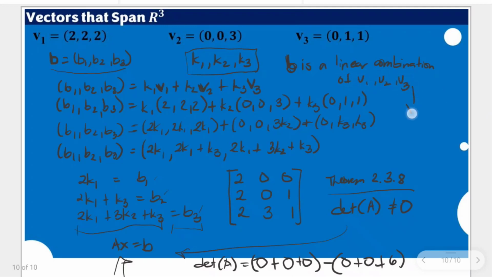And hence, the vectors v sub 1, v sub 2, and v sub 3 span R3.